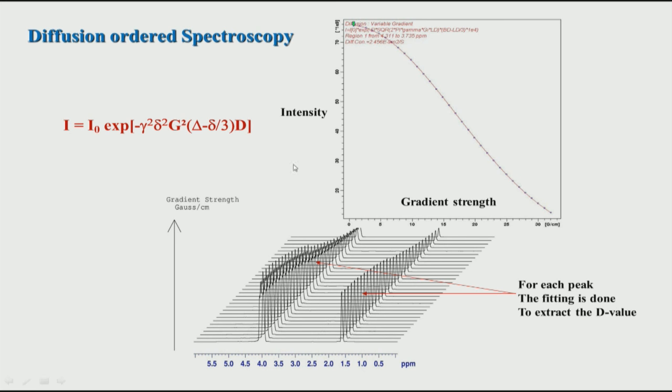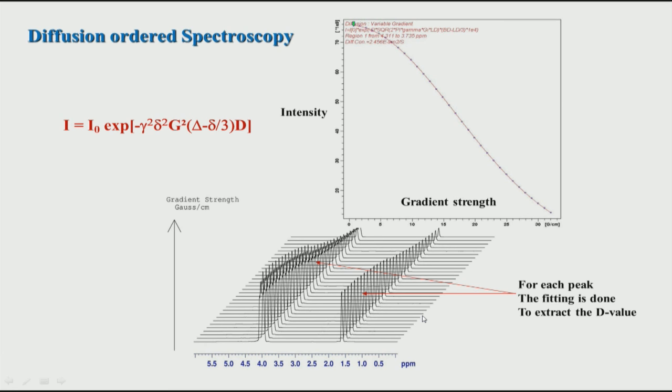How do you calculate the D value now? You simply plot the function like this, and then you can fit all these points to this equation, and from there the D value can be extracted. What is done is, for each peak in the spectrum a D value is calculated. It is not that D is calculated for the whole molecule; D is actually calculated for each and every peak in the spectrum.